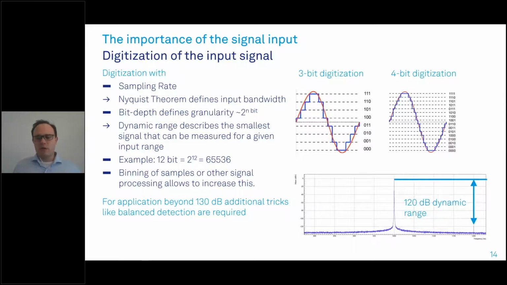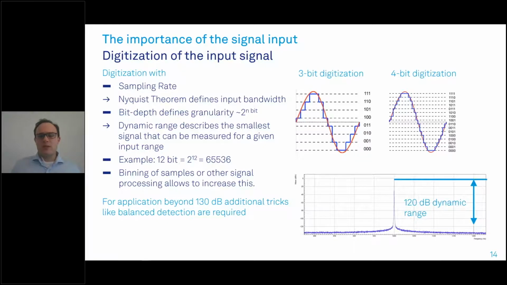Now you could say, okay, great, let's go for 20, 40 bits. This is not so easy if you go to very fast frequencies, because there the electronics, the hardware, does not exist. This is why we have to be a little bit careful and consider the so-called dynamic range, which we have based on this digitization.